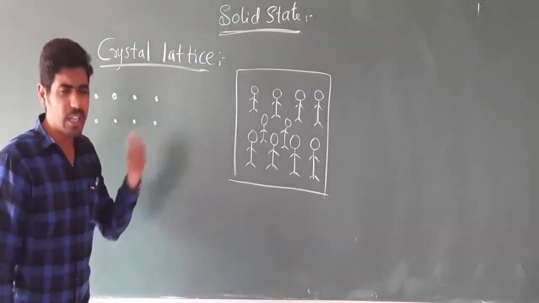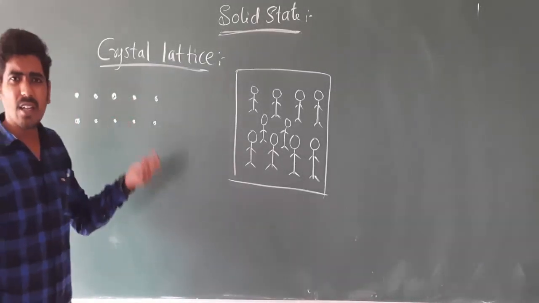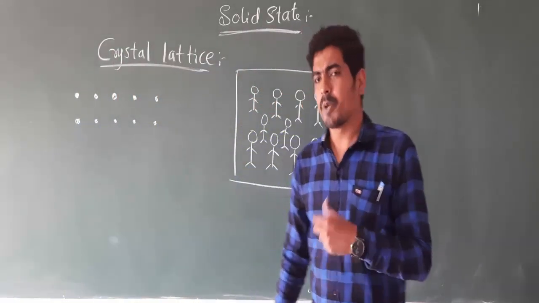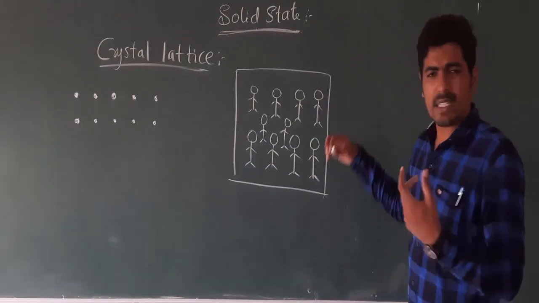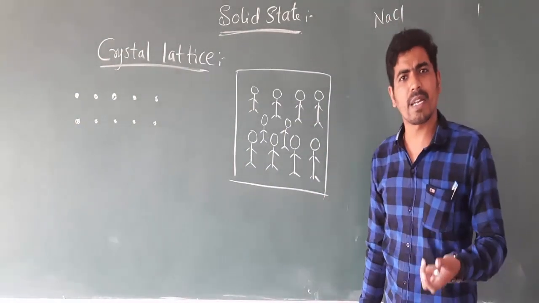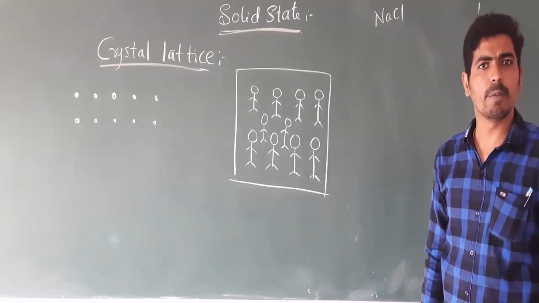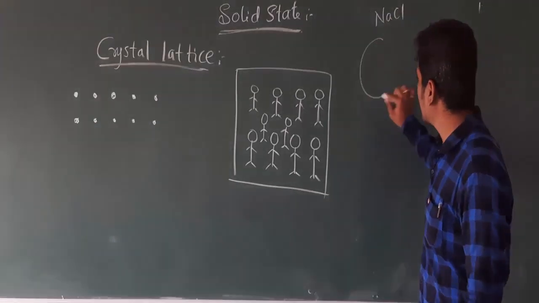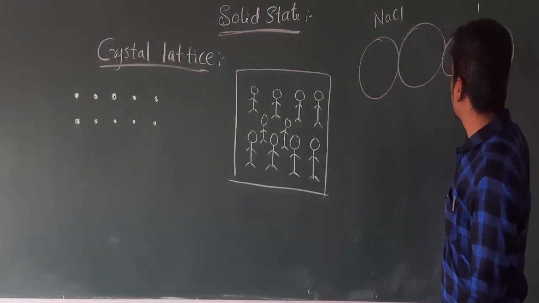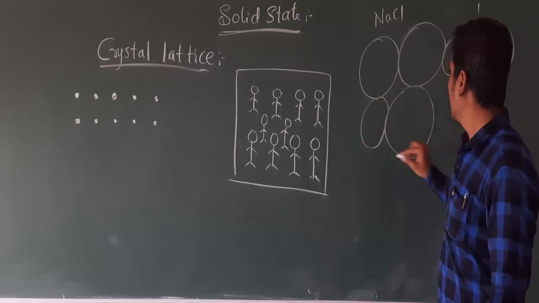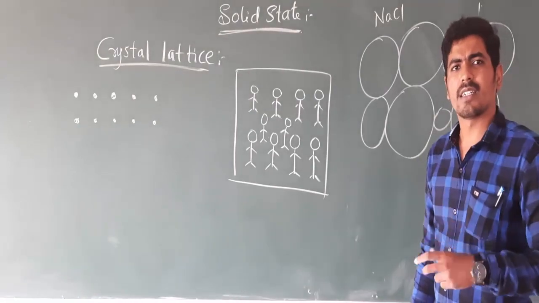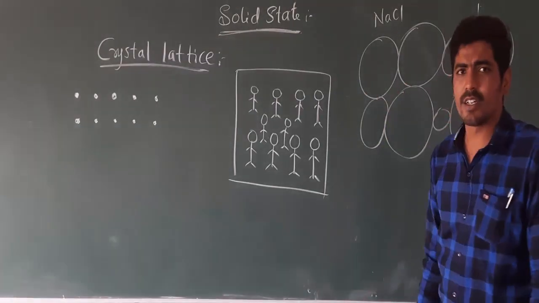So in a similar manner, we can also represent the structure of a crystal lattice. Because here, if I consider the NaCl crystal, there are a number of Na plus ions and Cl minus ions present. So if I go on drawing the structure of Cl and Na, one is having a smaller structure and another one is having a larger structure. Comparatively, the size of the ions is different.